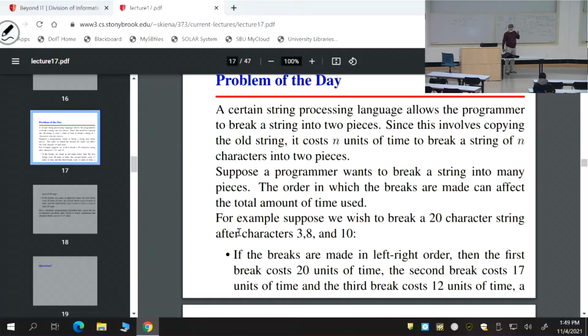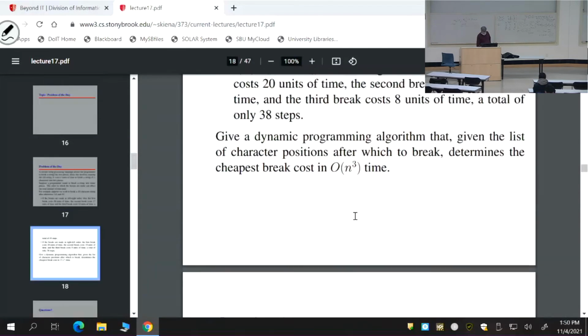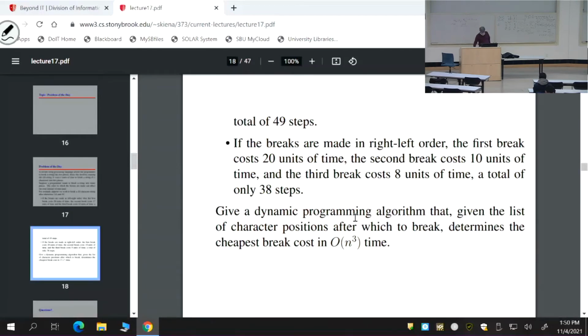How many people don't? This is the design way for doing dynamic programming. And it says here, son of a gun, that the cheapest was n cubed, so that's how you know I'm right. Any questions? Okay, good.